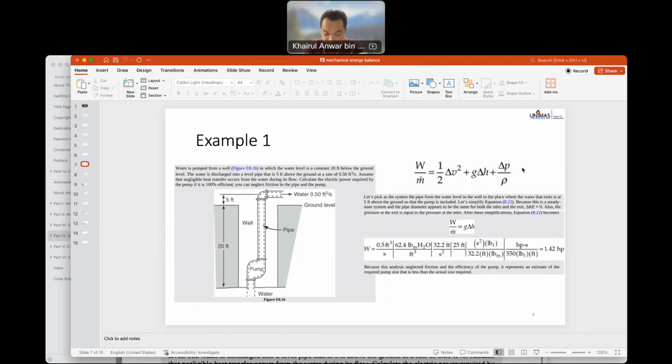It's the same thing as friction loss, F.